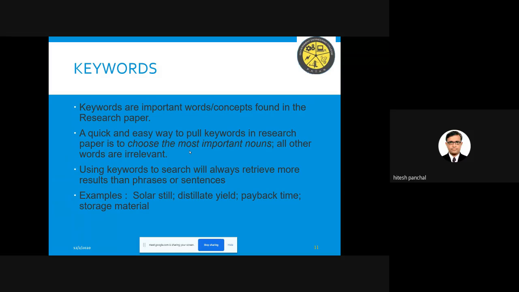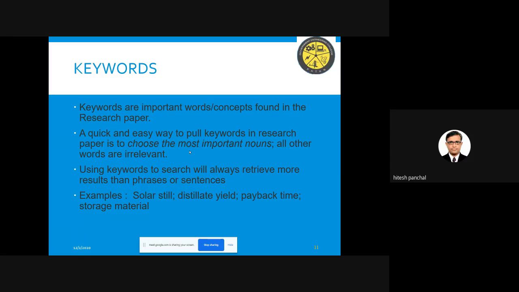And keywords are also important to increase citations. Suppose you are working on solar still, you cannot write the whole title of your research paper, but you will only use solar still. Then you can understand that the research articles that have put keywords in the article will come first.